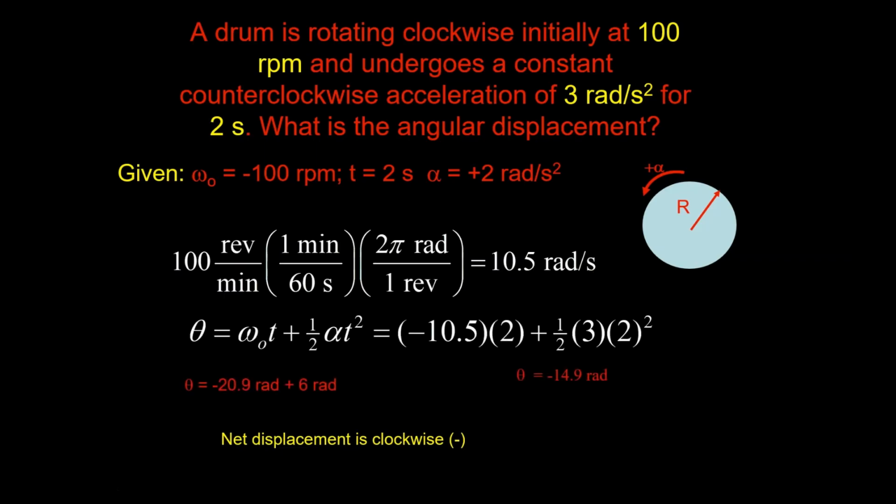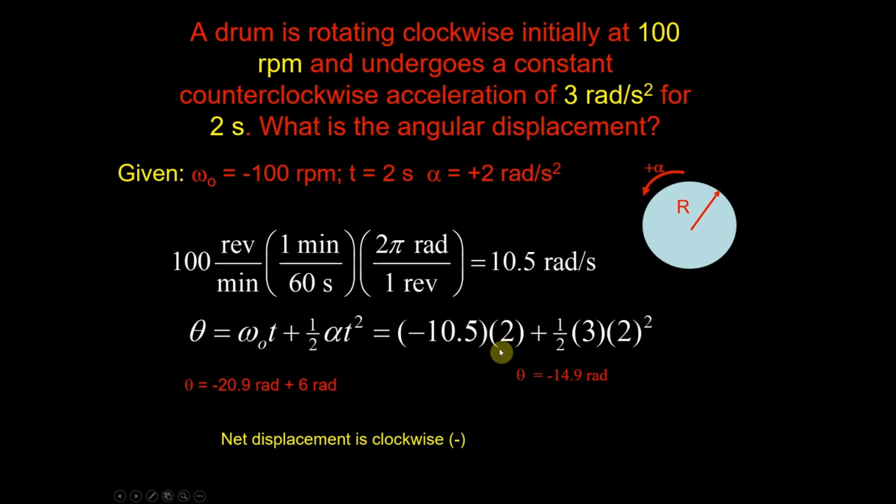Now let's apply an equation of motion. We've got alpha, we've got t, we've got omega. So now we can say theta, the distance this thing will rotate in terms of the angle, will be omega t plus half alpha t squared. So this will be negative 10.5 here because we had to convert this. This is revolutions. Here's our 10.5.